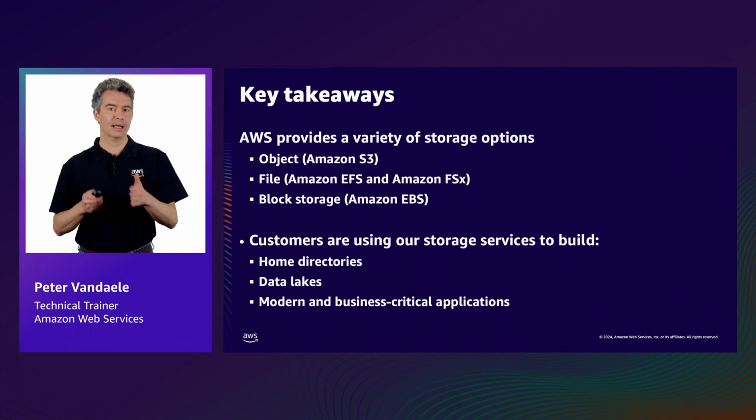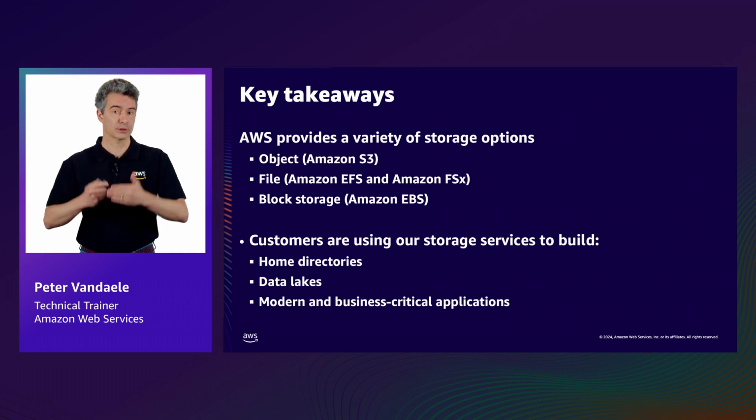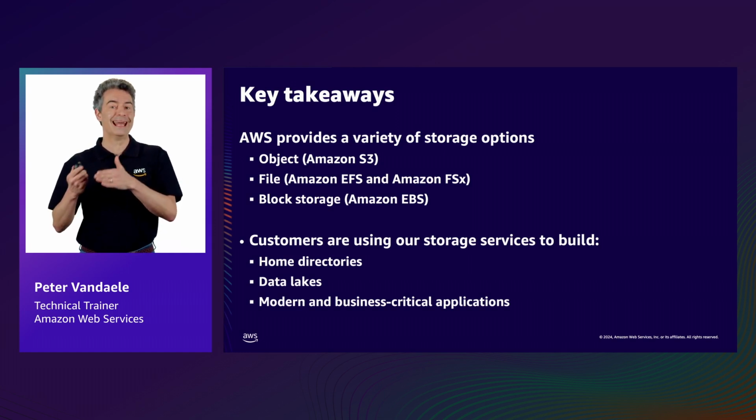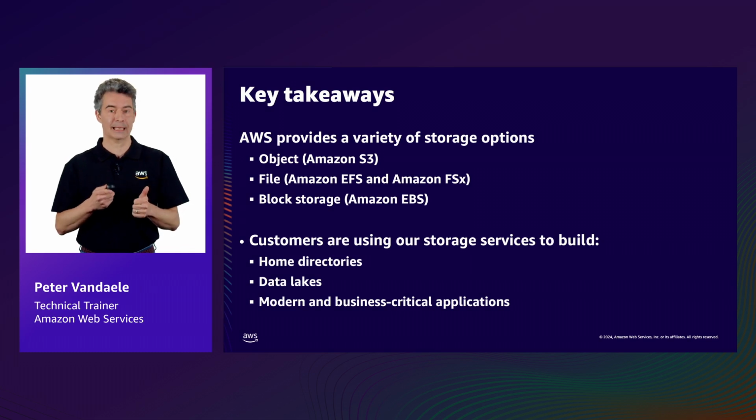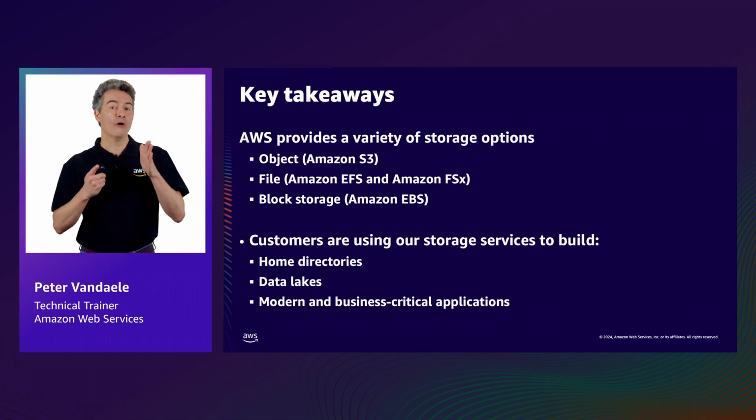As we have seen, AWS provides a broad portfolio of storage solutions. We have object storage with Amazon S3 and Amazon S3 Glacier to store and retrieve any amount of data from anywhere. Amazon EFS and Amazon FSx, a fully managed, cost-effective file storage solution.